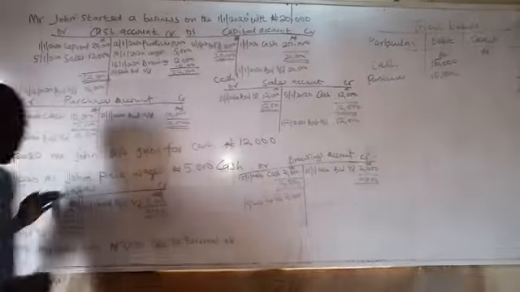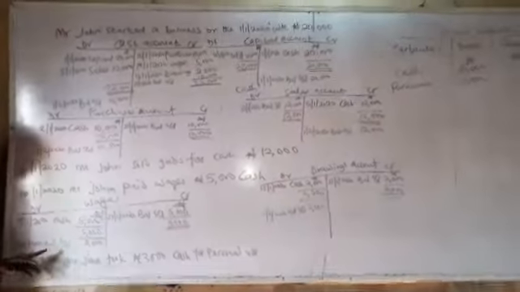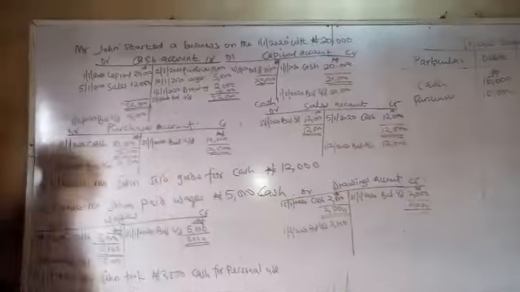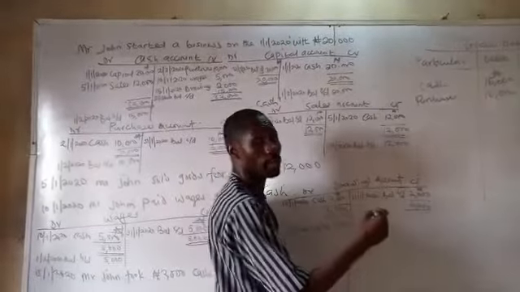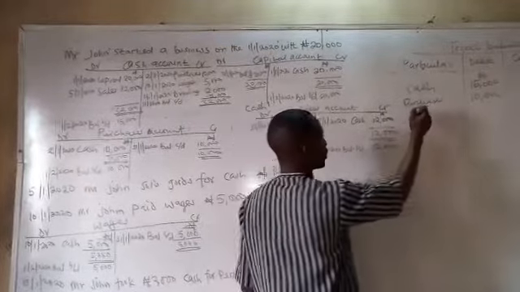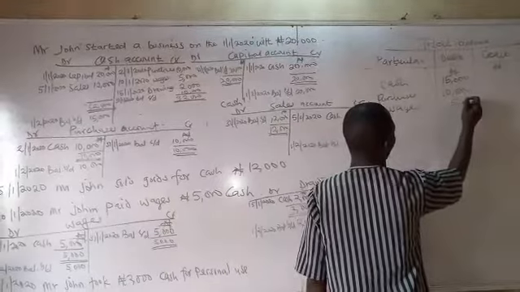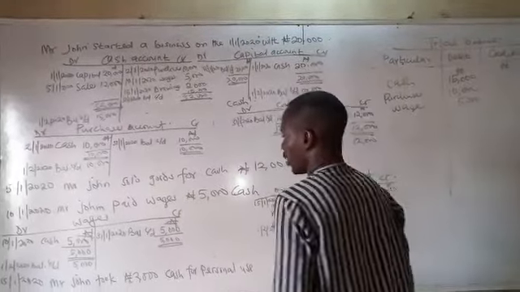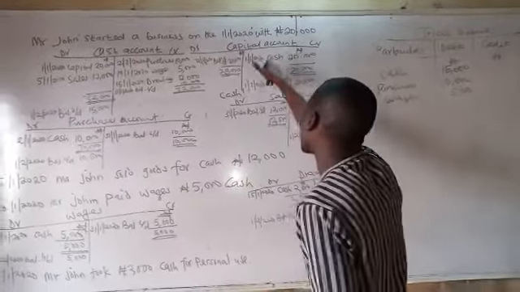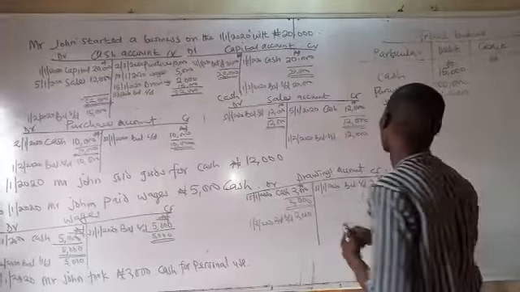You go ahead, the wages account. Wages account equally has a debit balance of what? 5,000 naira. Wages, 5,000 naira. Then the capital. The capital account has a credit balance of 20,000.